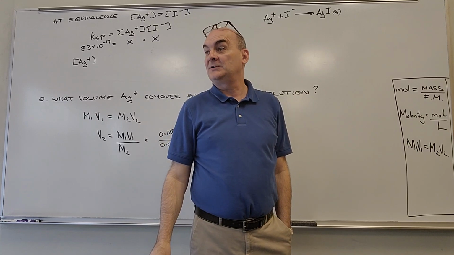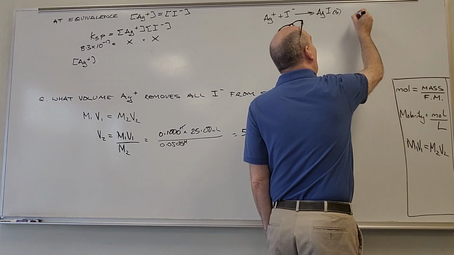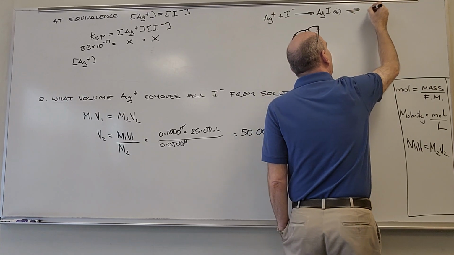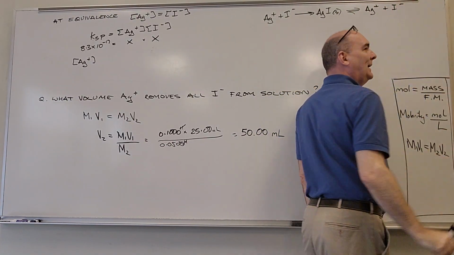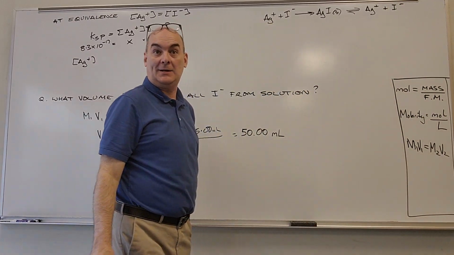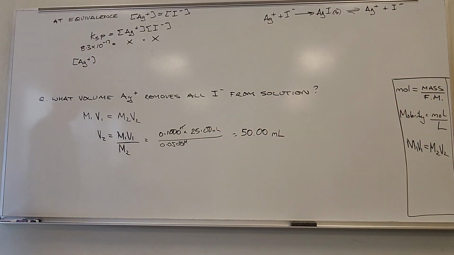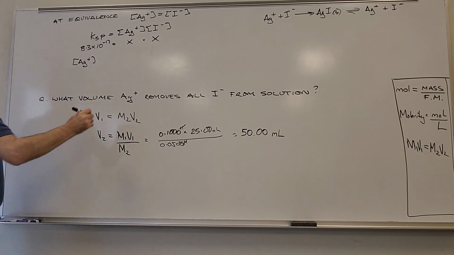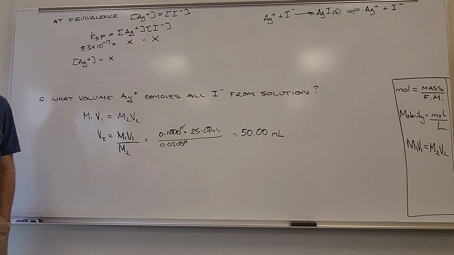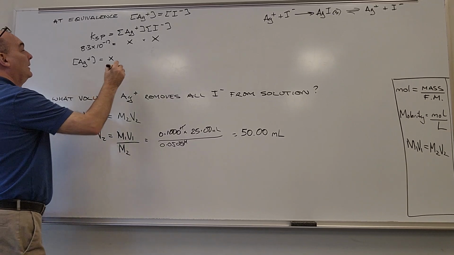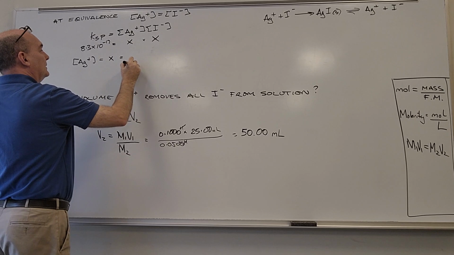And then that precipitate realizes, hold on a minute, I've got a Ksp associated with me that gives a tiny amount of it back. It puts a tiny amount of it back into solution. X is the value of the silver ions that are in solution at the equivalence point. They're not all gone, they're almost all gone.